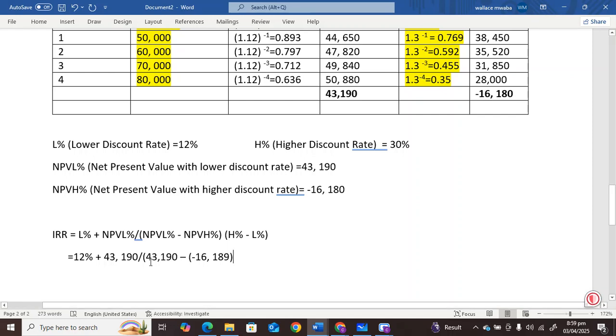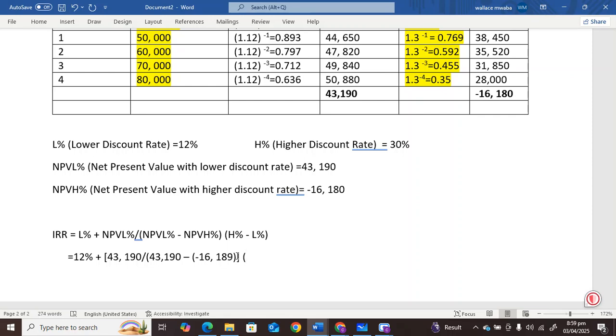Okay, then close the brackets. And here we have the higher discount rate, 30%, minus the lower discount rate, 12%. You can keep them as percentages or convert them into decimals, but to make life easy, just keep them as percentages.